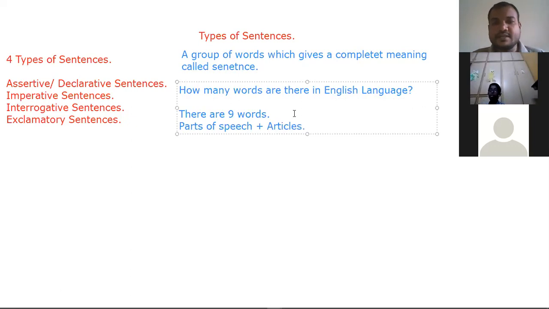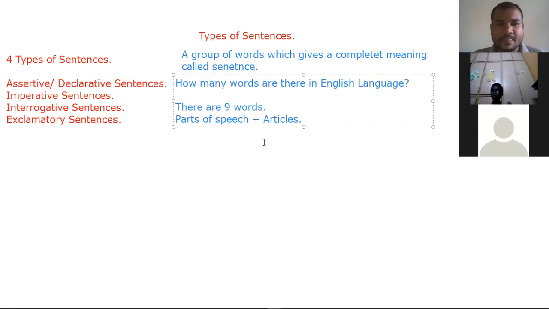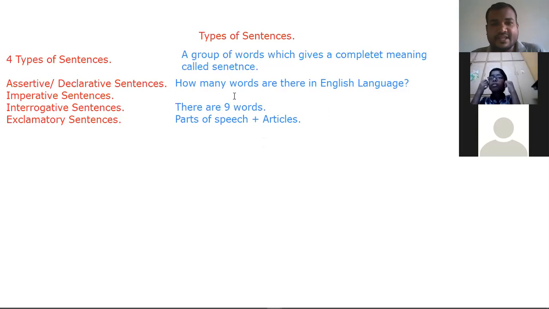Parts of speech plus articles. This is the discussion we had in our previous classes, correct? So now you know what is meant by a sentence, a group of words, what is meant by a word, and what words there are. Everything you know.